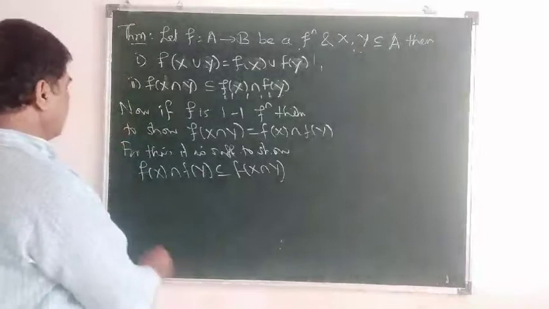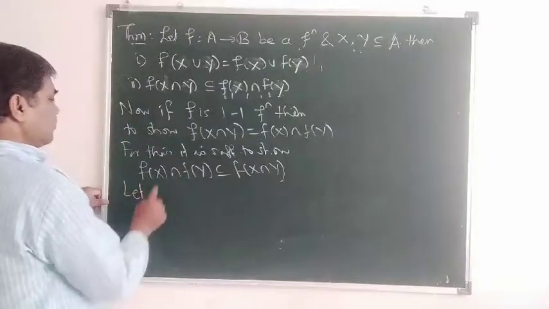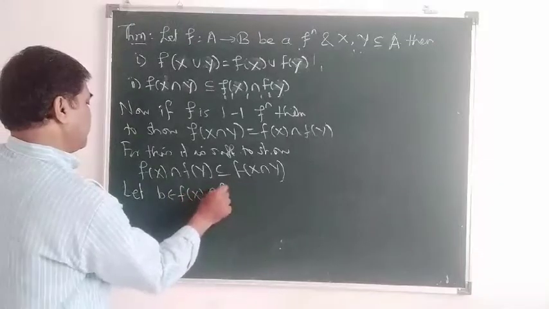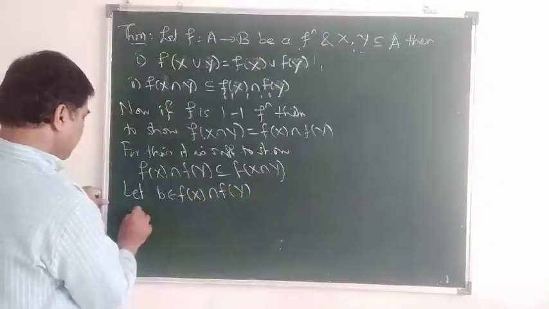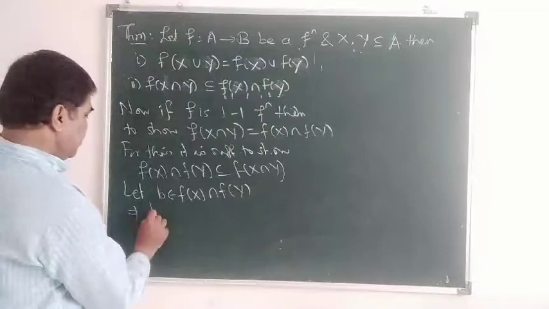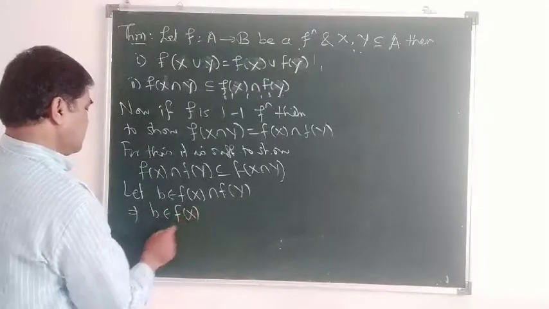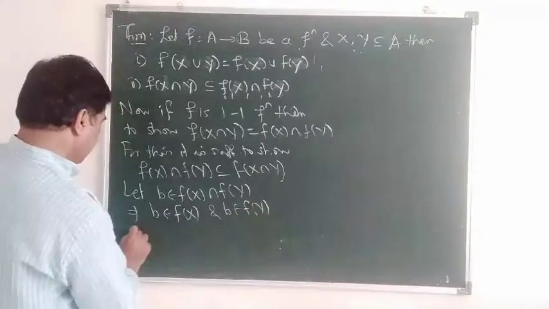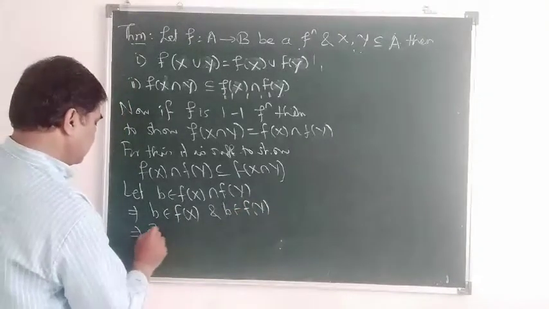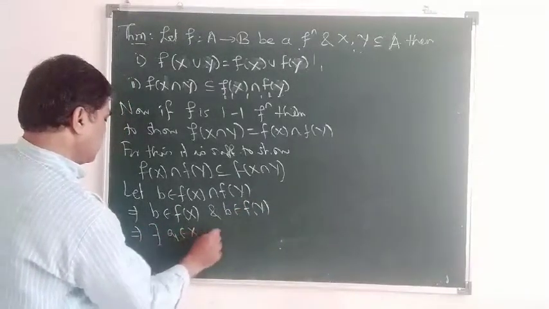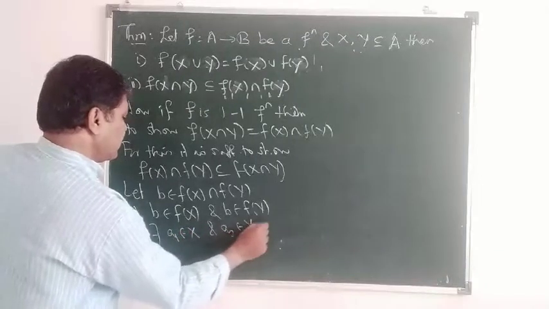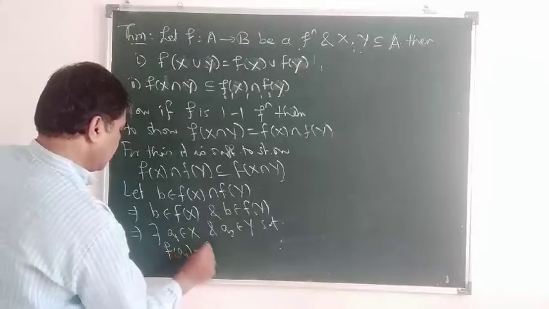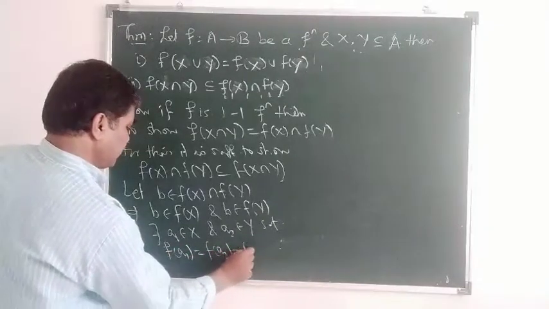So let b belong to f of x intersection f of y. This implies b belongs to f of x and b also belongs to f of y. This implies there exist some a1 belonging to x and a2 belonging to y such that f of a1 is equal to f of a2 is equal to b.